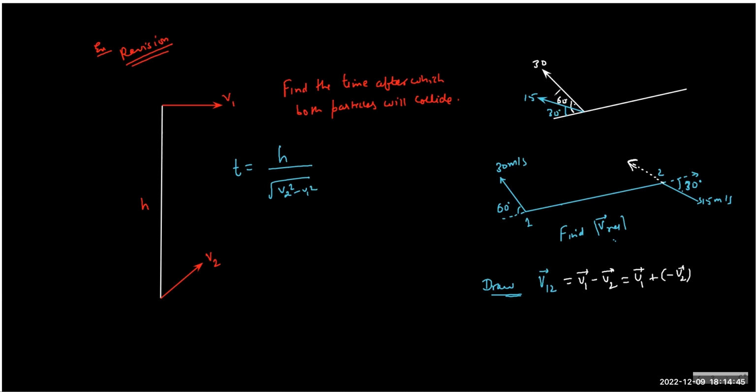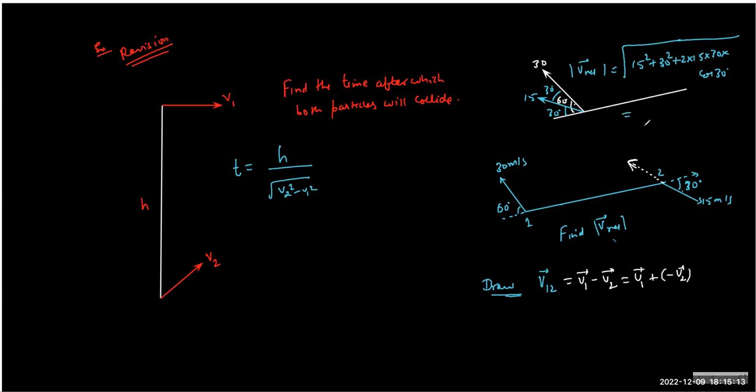So this is the V2 minus V1 diagram. And the resultant of these two vectors will be the answer, which we can find easily because this is 60, this is 30, this is 30. So the V relative modulus will be under root of A square plus B square plus 2AB cos 30, isn't it?